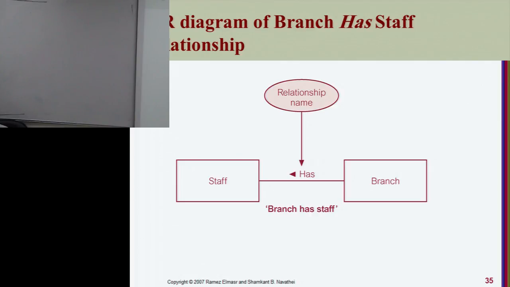This arrow, besides the label of the relationship, will indicate the direction of how to read the sentence. Once I see the arrow, I know that I'm going to read this right to left.